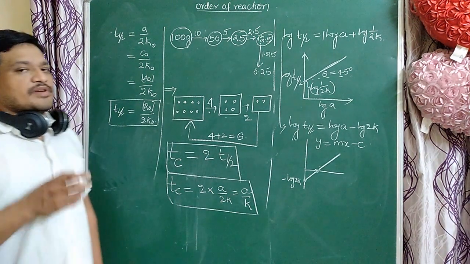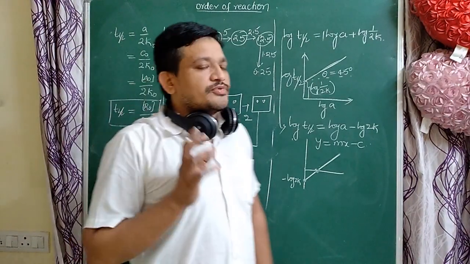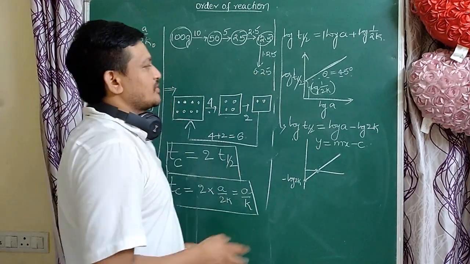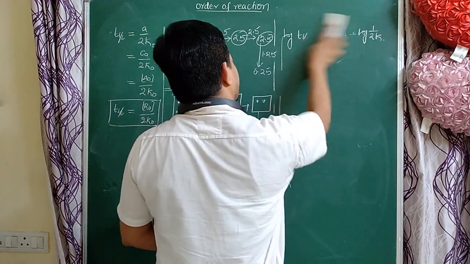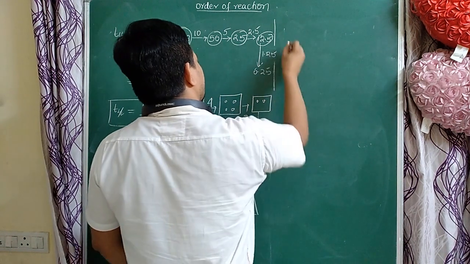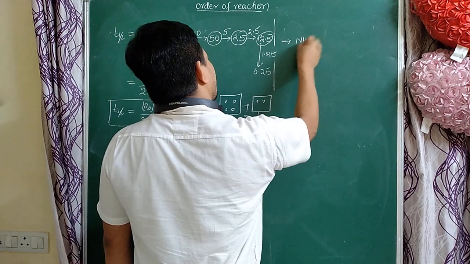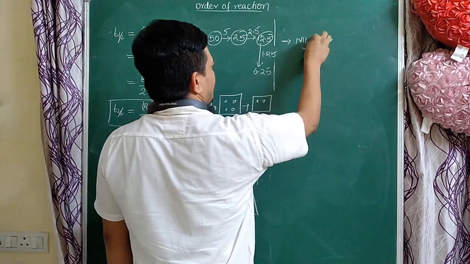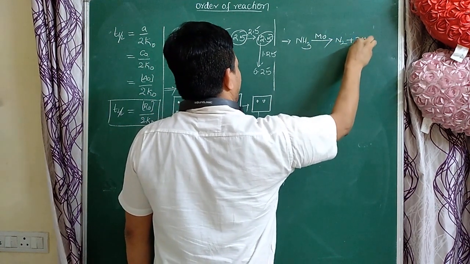So this is some information about zero order reactions. Now, examples of zero order reactions. What are examples of zero order reactions? NH3 decomposition on a molybdenum surface gives N2 plus 3H2.